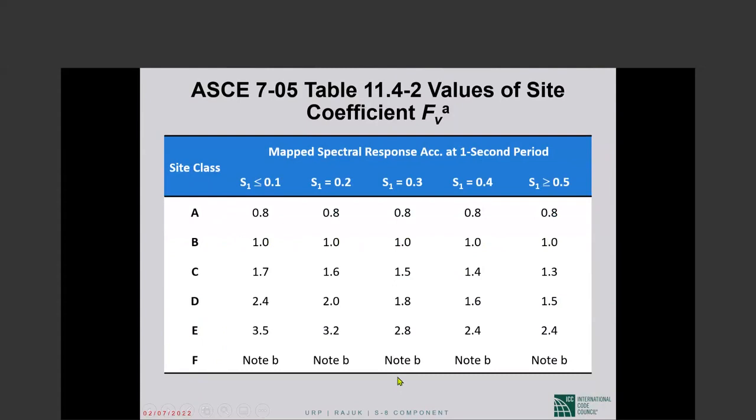And notice that on softer soil, when the ground motion is low, in low seismic areas, the amplification is extremely high. This is 3.5.